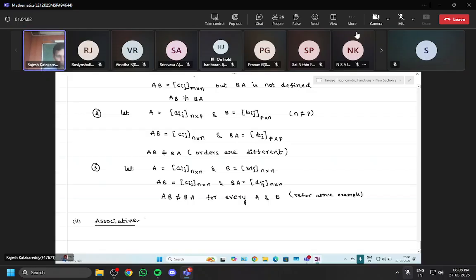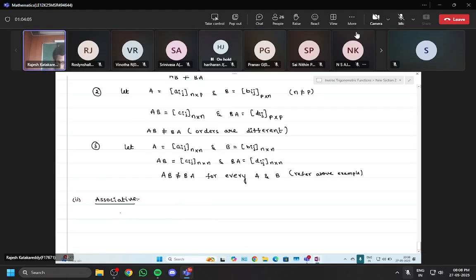For associative, A = Aij, M by P, B = Bij, P by K, C = Cij, K by N. So now here I can write (AB)C = A(BC).